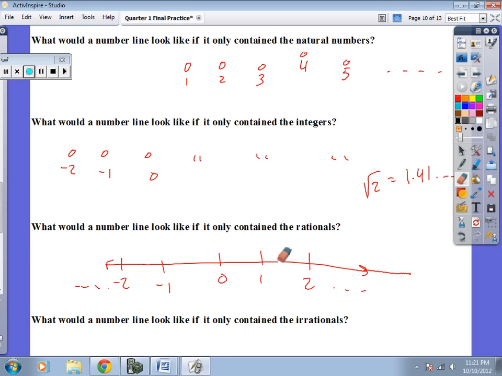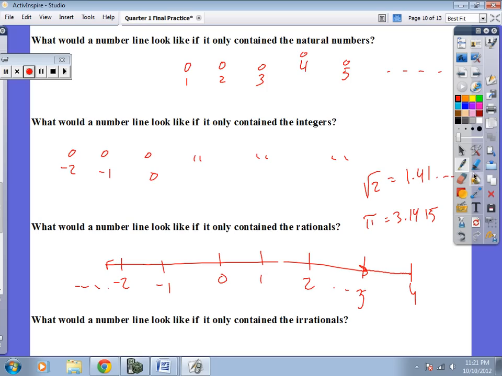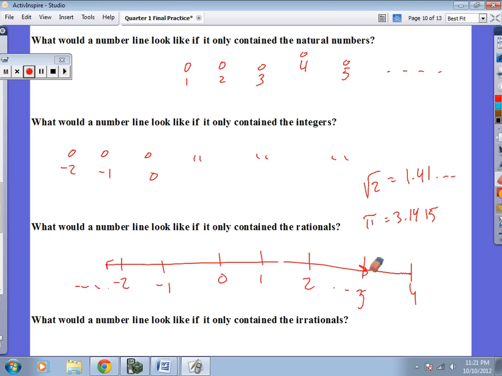And pi is like 3.1415 blah blah. So between, here's 3 and here's 4. Between 3 and 4, there would be another pitfall. Pretty close to 3. There'd be another gap in your number line. So your number line is almost complete, but every once in a while there's going to be a chunk taken out of it.